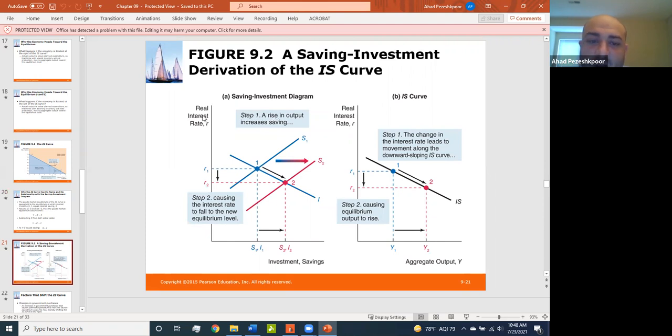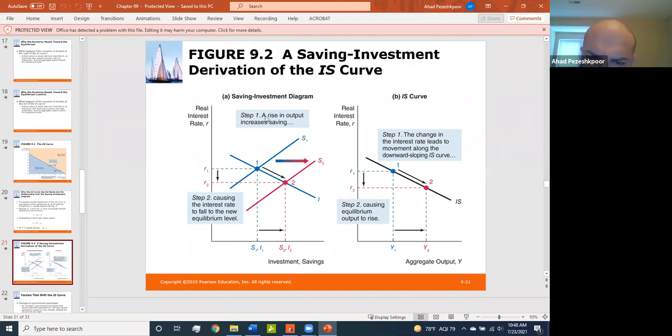Let's say a rise in real interest rates. Excuse me, a drop in real interest rate would then cause a rise in output, which then causes increased savings, which then causes the interest rate to fall to a new equilibrium.